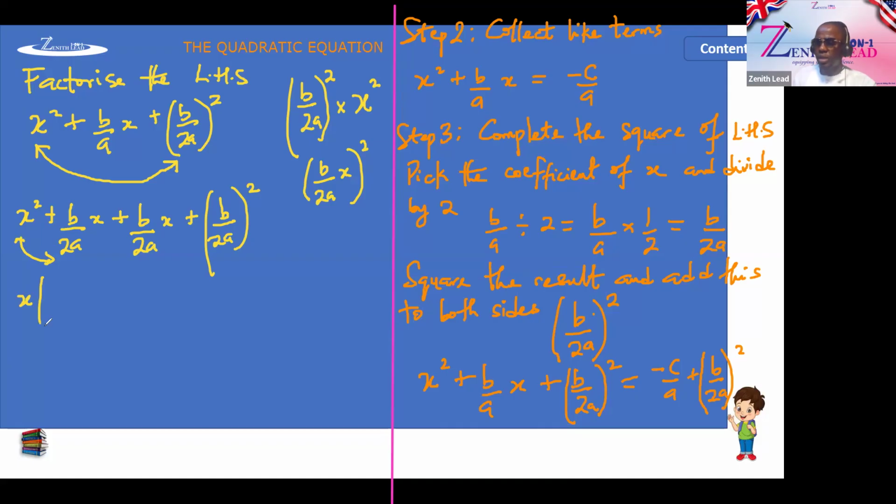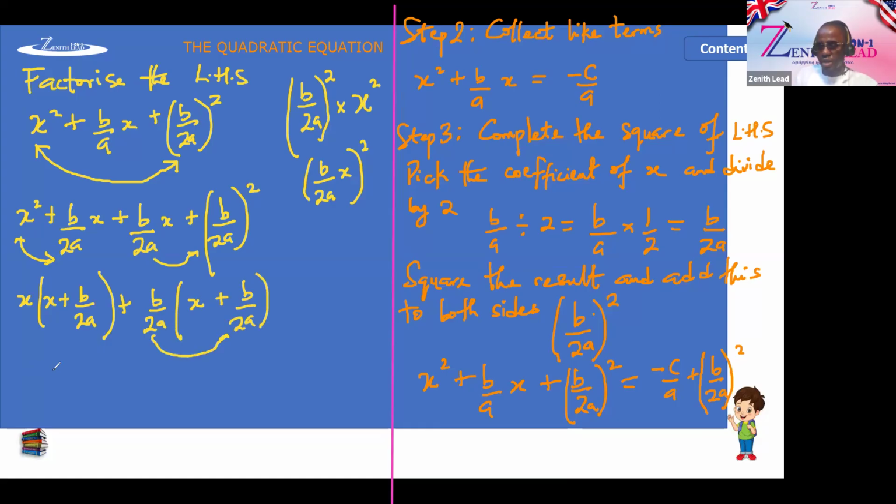So we factorize and say that is x into bracket x plus b over 2a, and b over 2a into bracket x plus b over 2a.